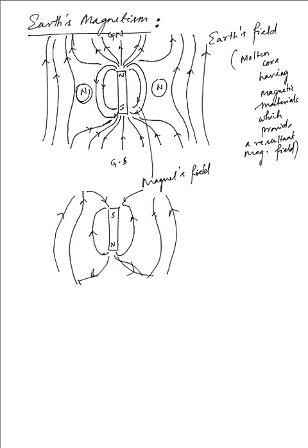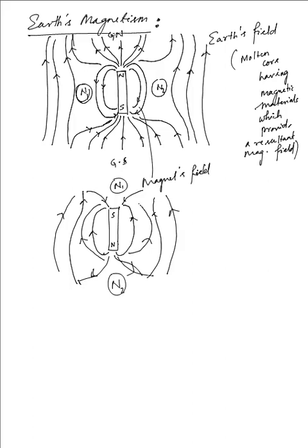But in this case, there will be no neutral points along that horizontal axis, but they will be right along the axis of the magnet that is over here. Here you will have a neutral point. Here also you will be having a neutral point. So the neutral points in this case, let me name them as N1 and N2 because you will be confusing them with the north pole.